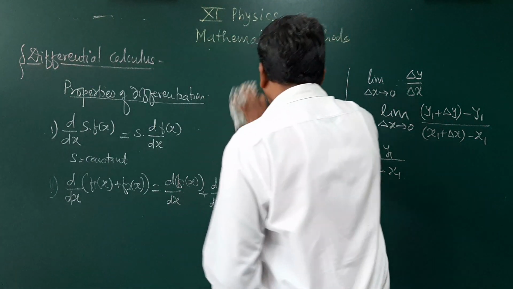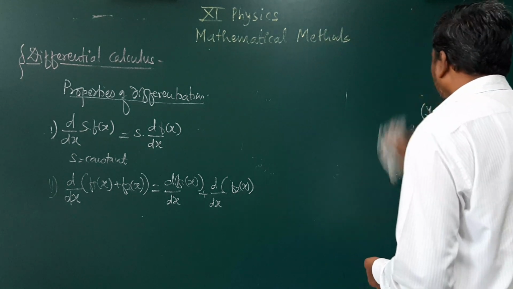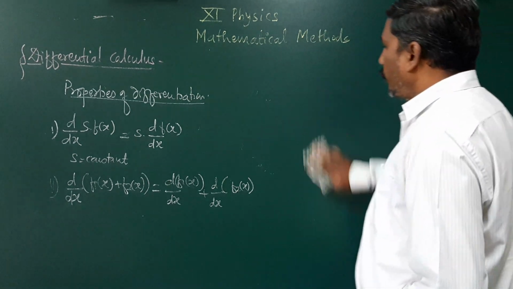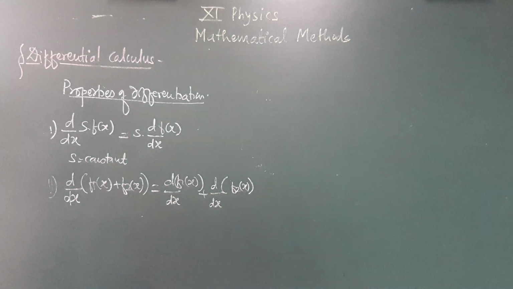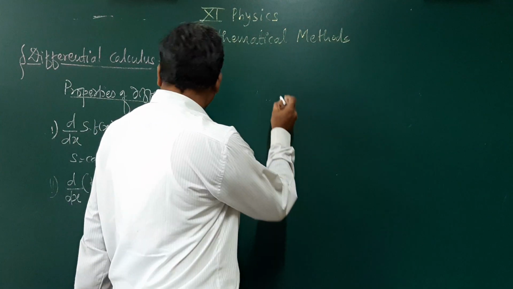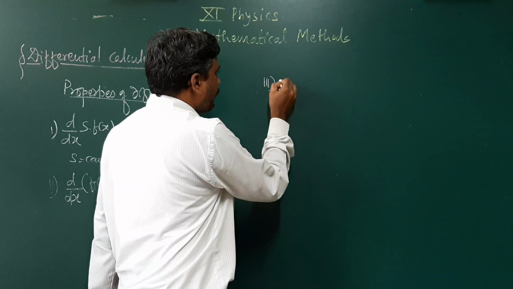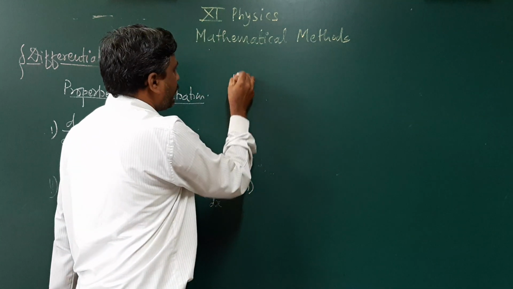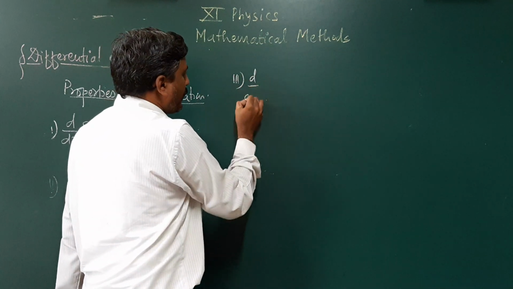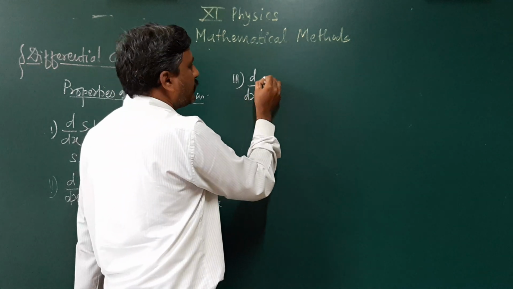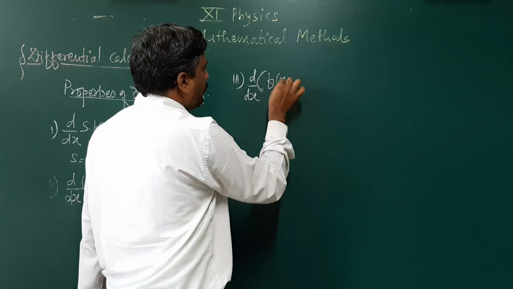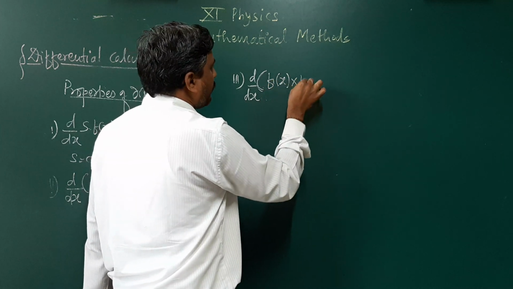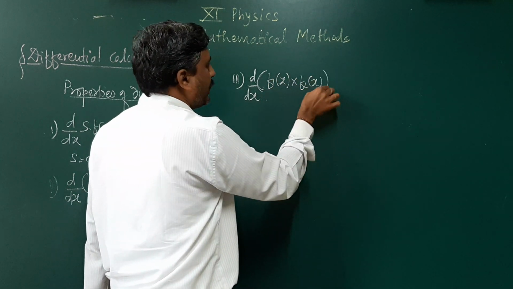Now the third property, if there is a product, that is very important because a number of examples are there. The third property, d by dx of f1 of x into f2 of x.